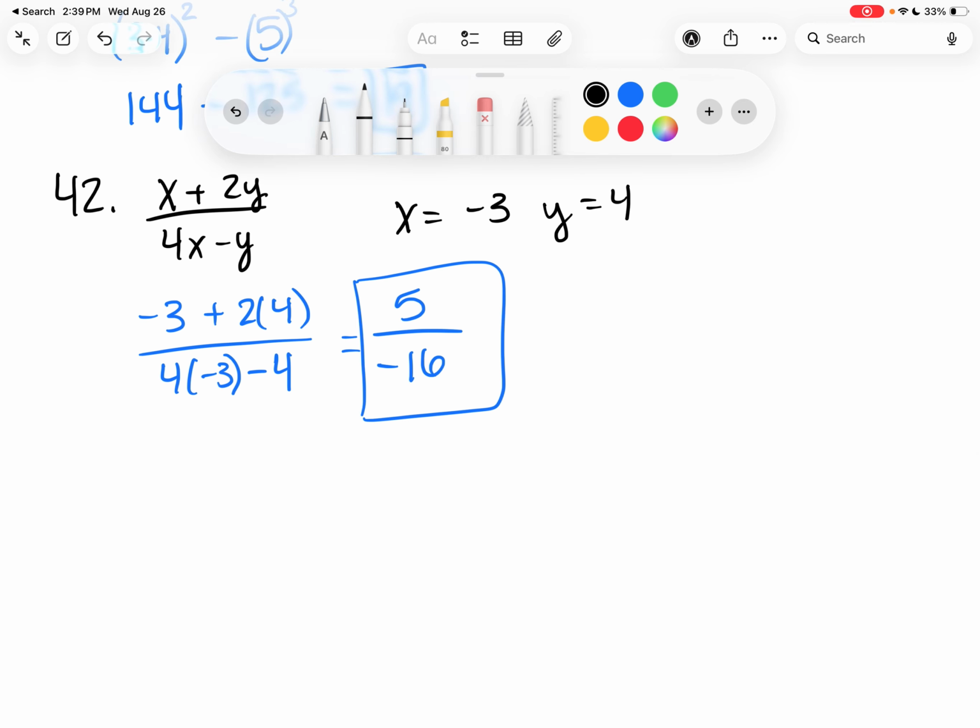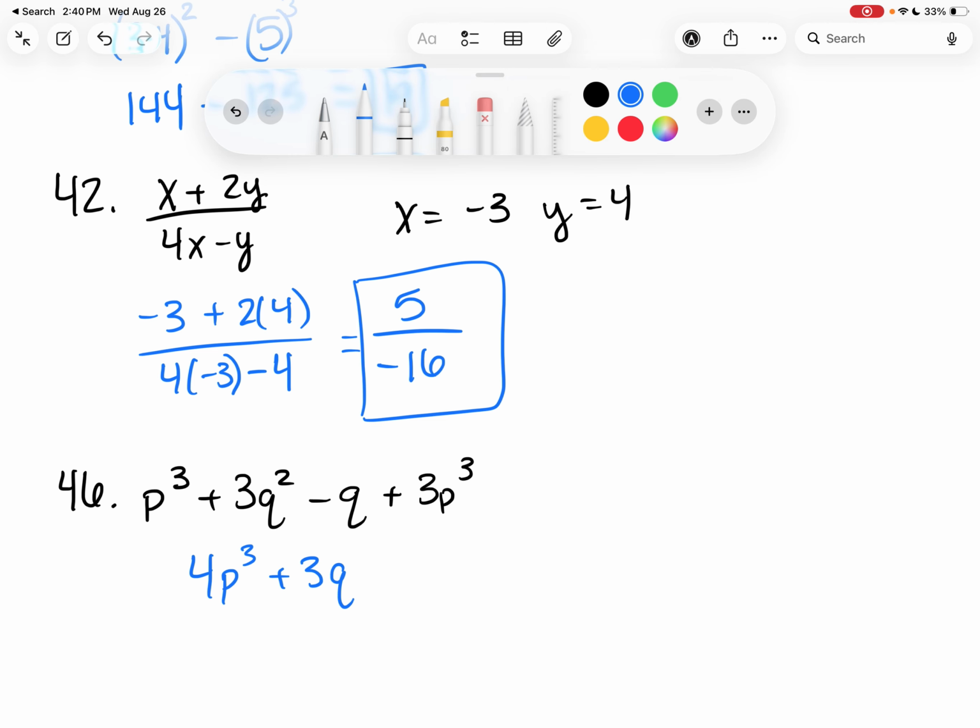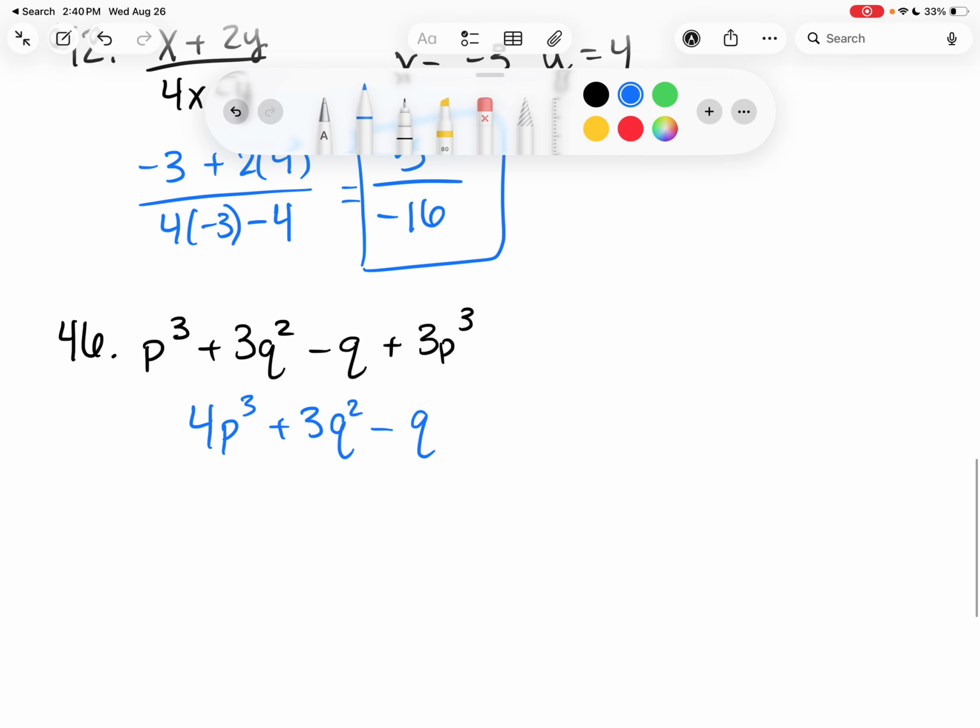They're pretty easy. 46. p cubed plus 3q squared minus q plus 3p cubed. 4p cubed plus 3q squared minus q. Yep. There was literally one like term. I know. That's the thing about these. I'm like, they could do so much more, but I guess they just have to ease you in gently.